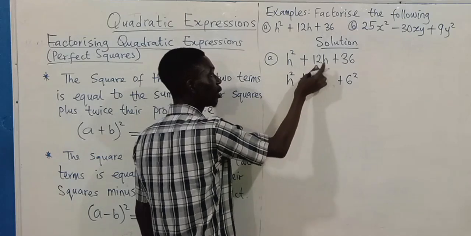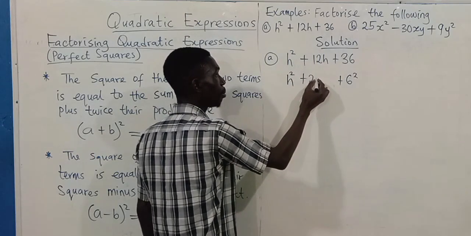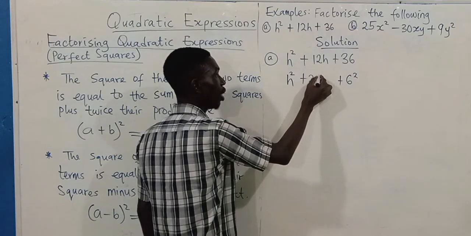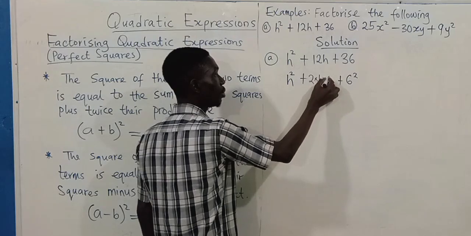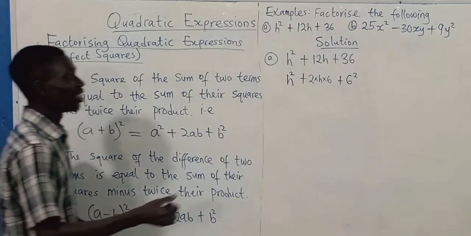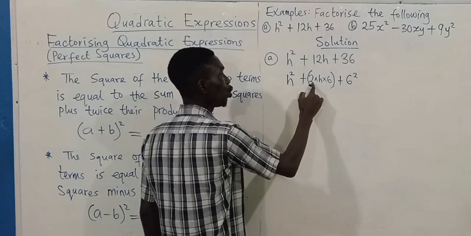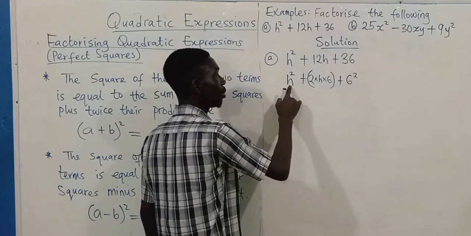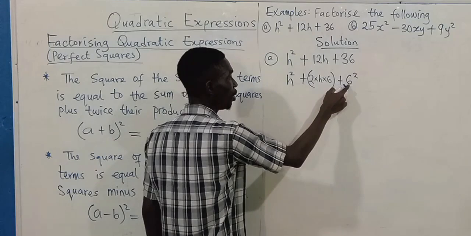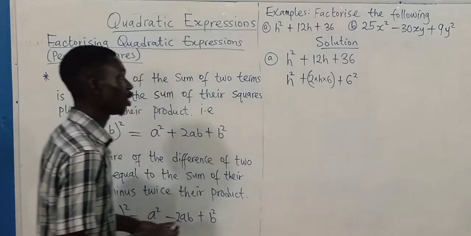And then I can express the middle term as 2 times h times 6. The middle term is 2 times h times 6. 2 times 6 is 12, times h is 12h.